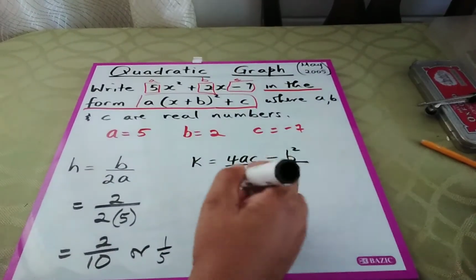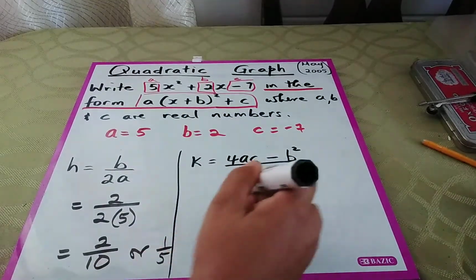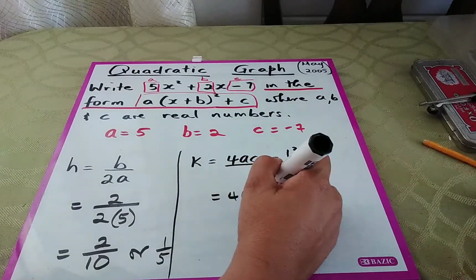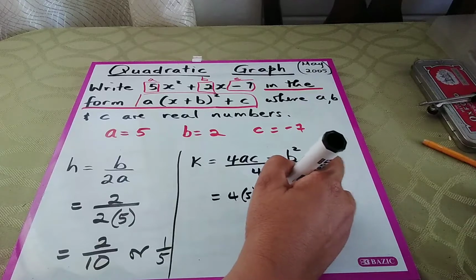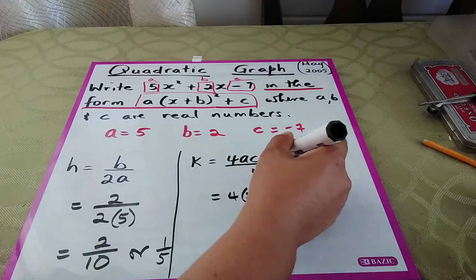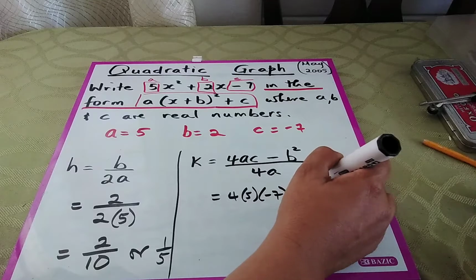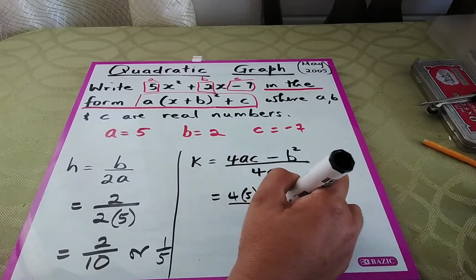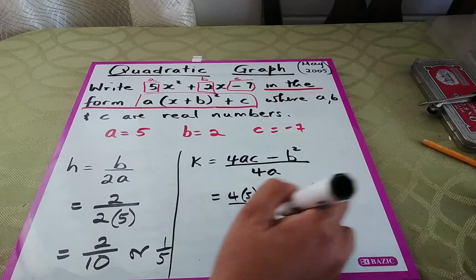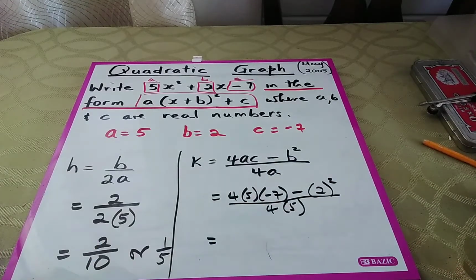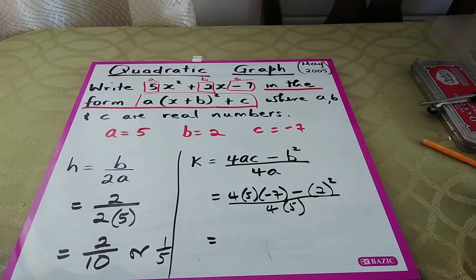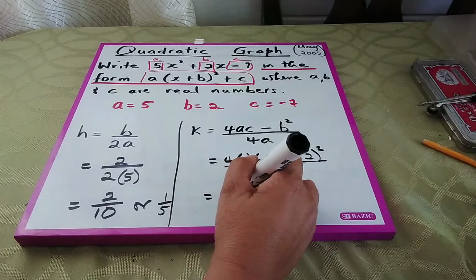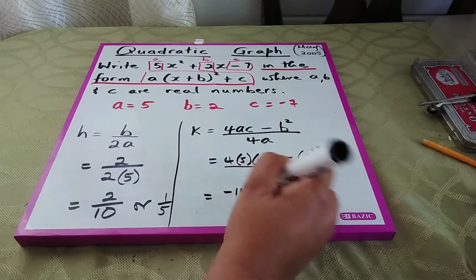Then for K we have 4 times A times C, that's 5 times negative 7, minus, you put the minus in the formula, and then B squared, which is positive 2 squared, over 4 times A. 4 times 5 is 20. 20 times negative 7 would be negative 140.